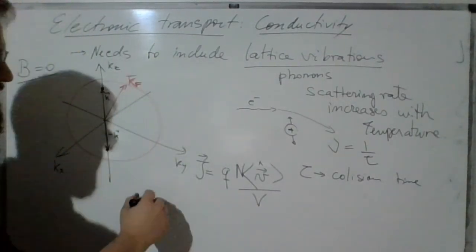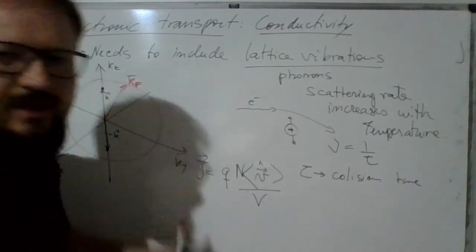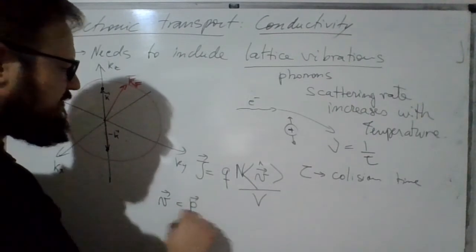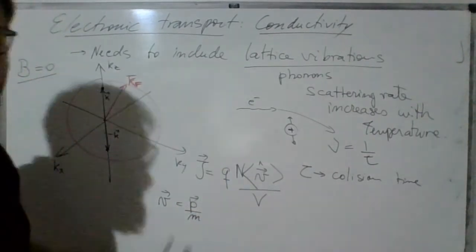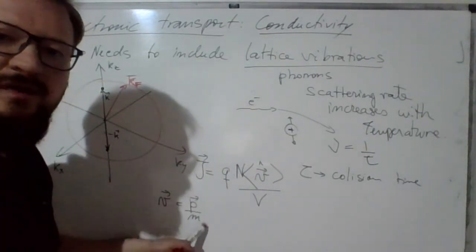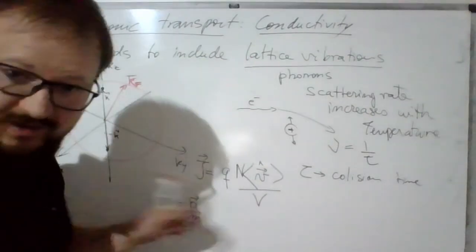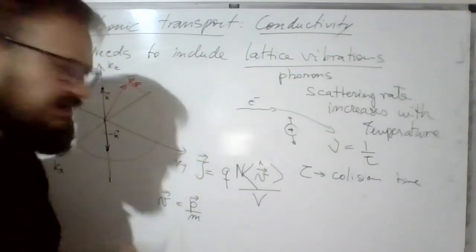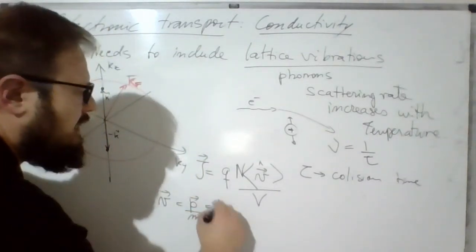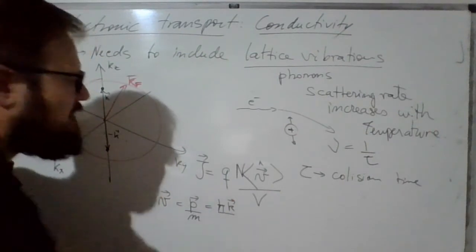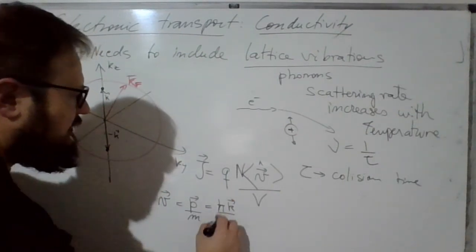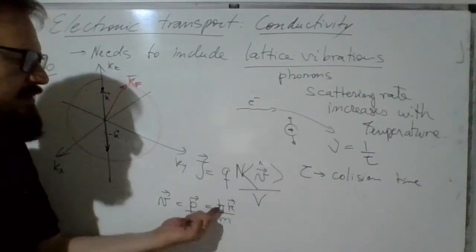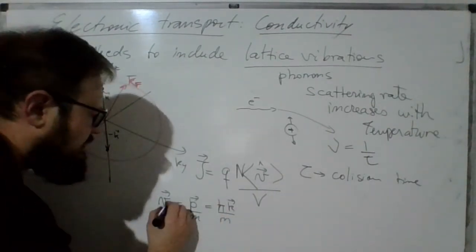But velocity, considering a very crude approximation, the velocity operator would be given by momentum divided by mass. In quantum mechanics, this is not always true, but let us consider it okay to use. And therefore, our momentum corresponds to h bar k over m, this is our velocity operator depending on k.